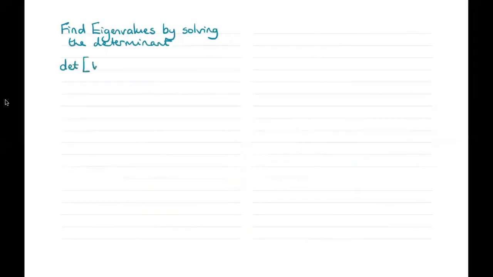Let's write down trivially the case for the eigenvalues, by solving the determinant of the W matrix minus the first order corrections to the energy, E1 times the identity, and setting it equal to 0.